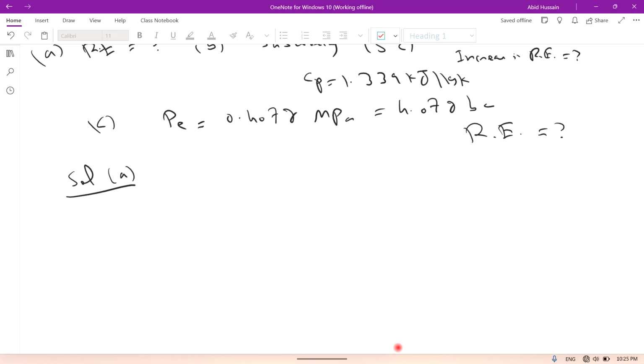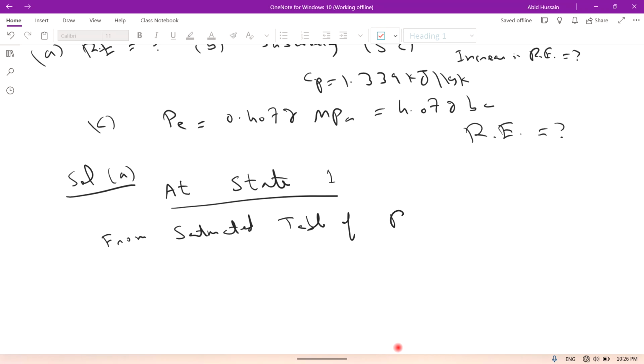So we use the saturated table of R22 refrigerant given at the end of the C P Arora book. At state 1, at pressure P1 of the evaporator, which is equal to 4.358 bar, find H1.